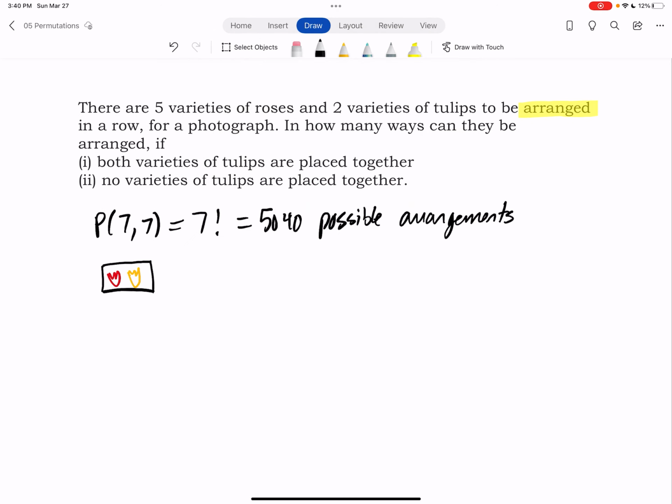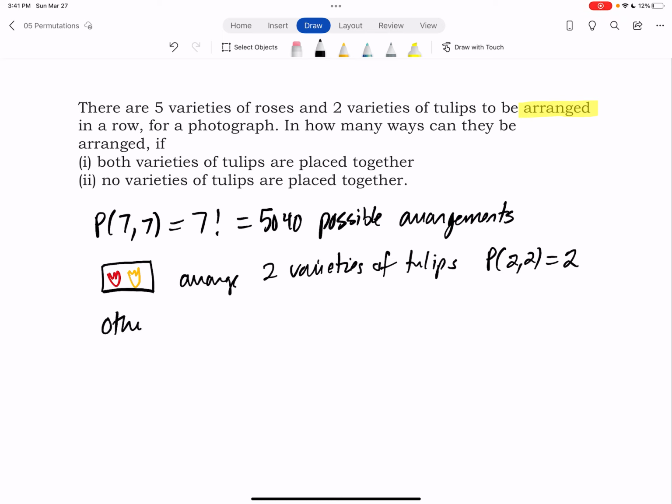So what you want to do is arrange the 2 varieties of tulips. So that's P of 2, 2, which is just 2 arrangements, right? And then what you think about is you have the other 5 roses plus the block of tulips.